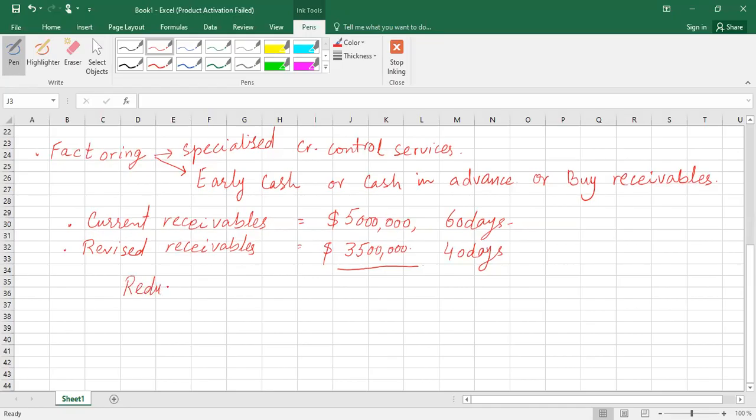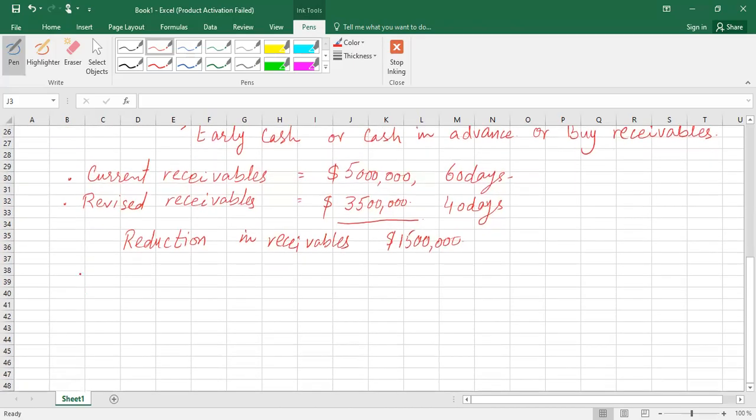So what is the reduction in receivables? Reduction in receivables is 1.5 million. So they are reducing receivables by $1,500,000.